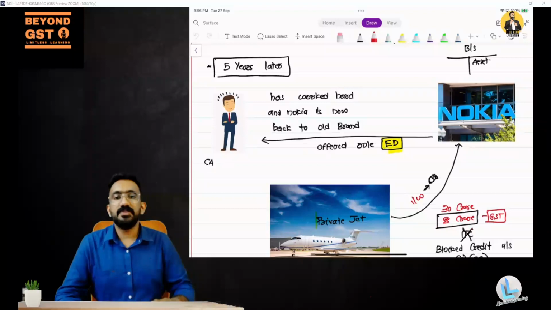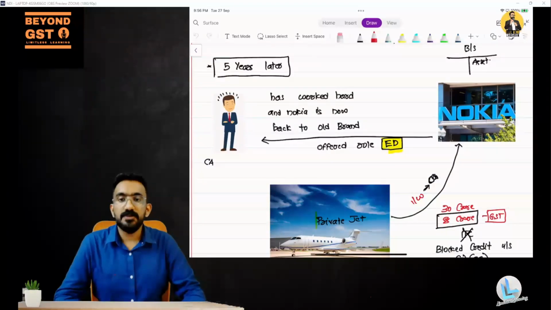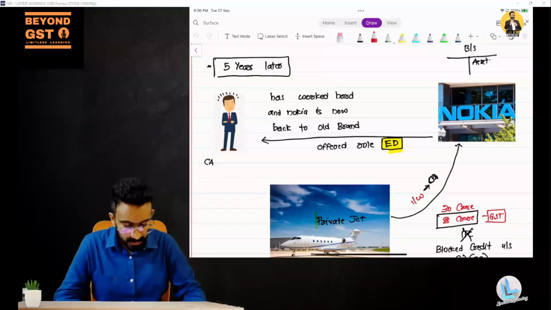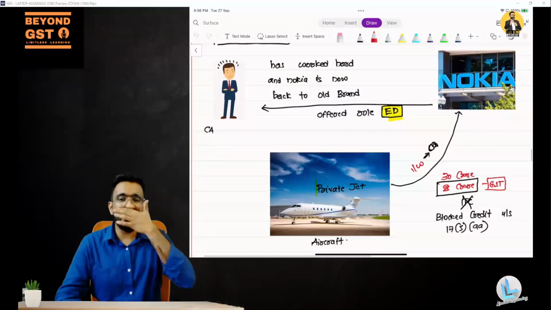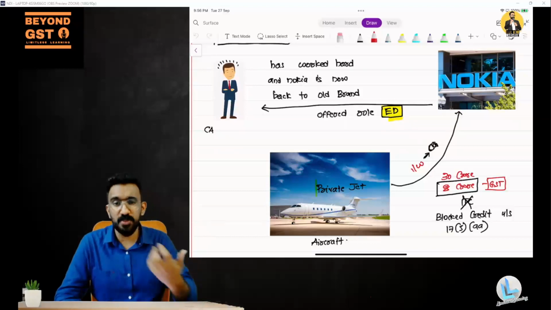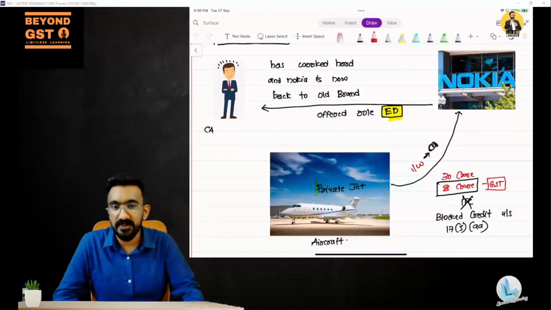After 5 years working with Nokia, now this fellow gets a promotion as an executive director. Now, what does he tell Nokia to do? He says, I'm bored of driving Mercedes-Benz. Now he wants to purchase a private jet. So Nokia has to purchase a private jet for their director.